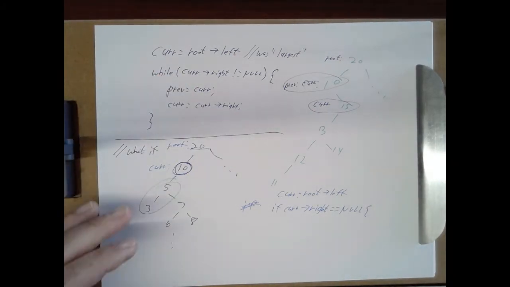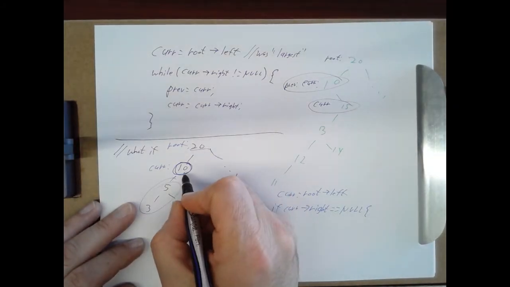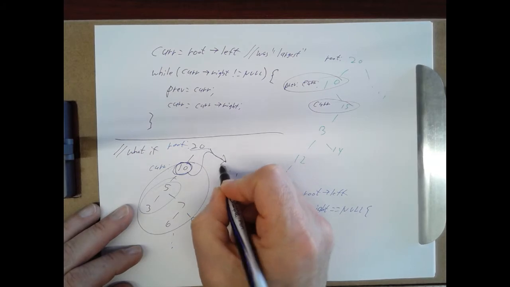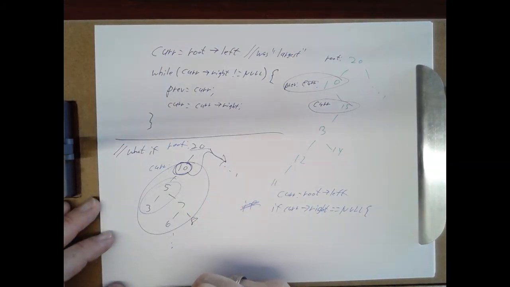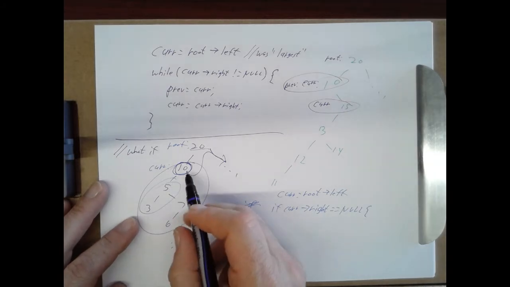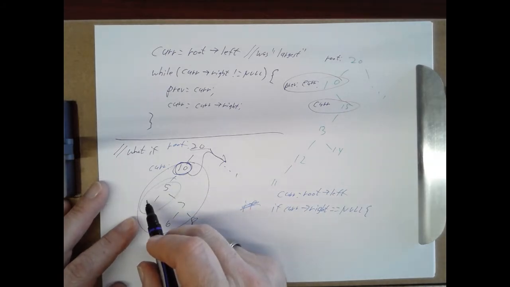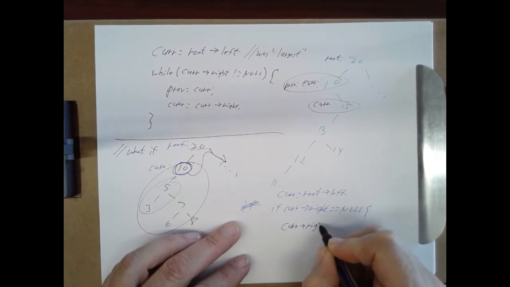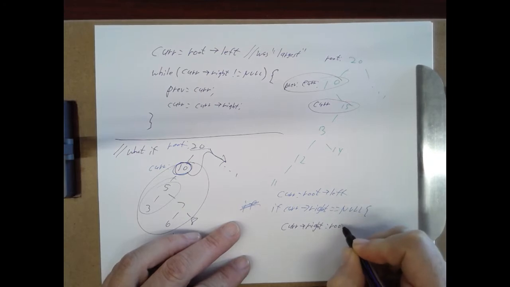In fact, what we want to do is simply take this entire tree and adopt the root's right child on the right. In other words, we're not going to orphan the left child of our largest node. So in this case, we're just going to say current right equals root right.